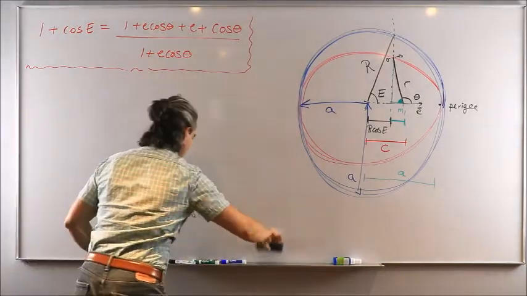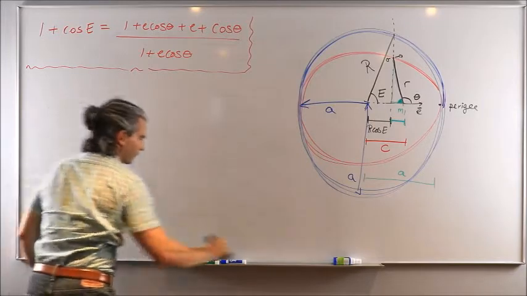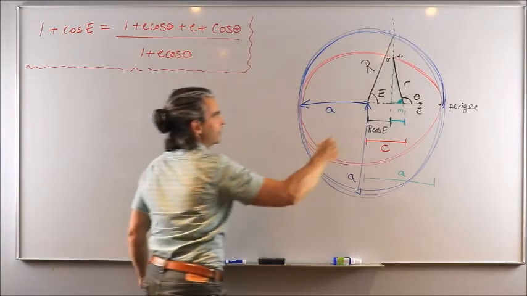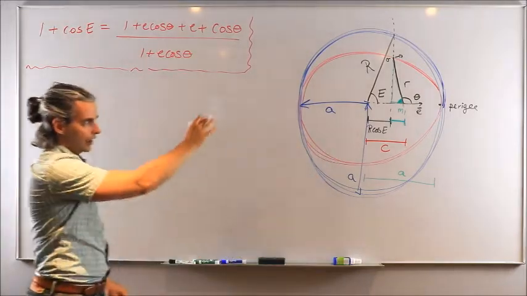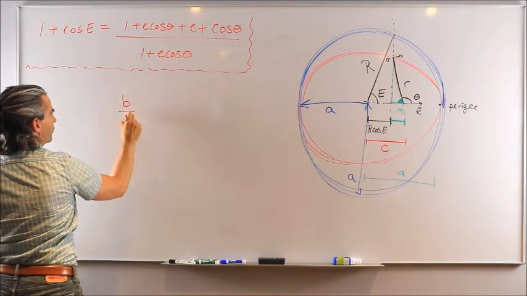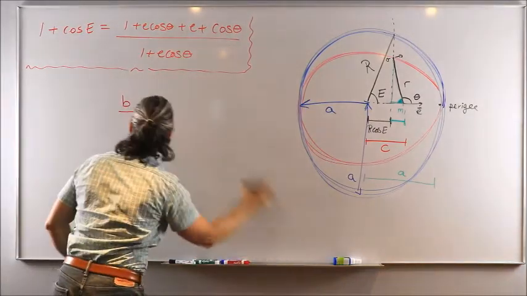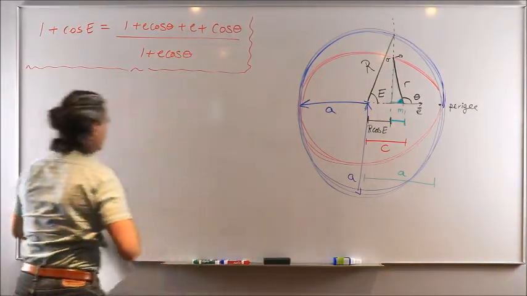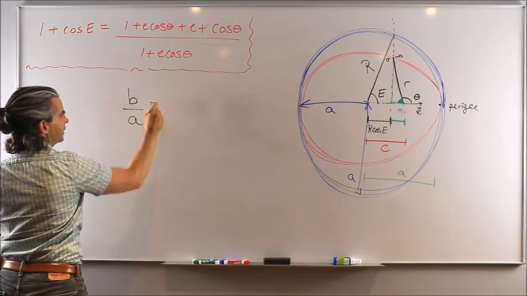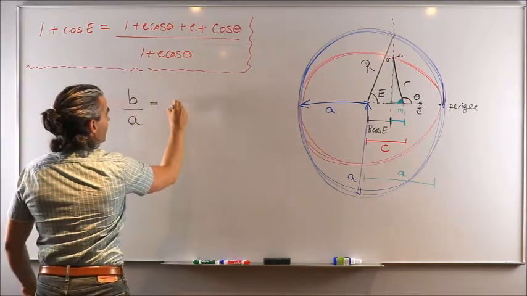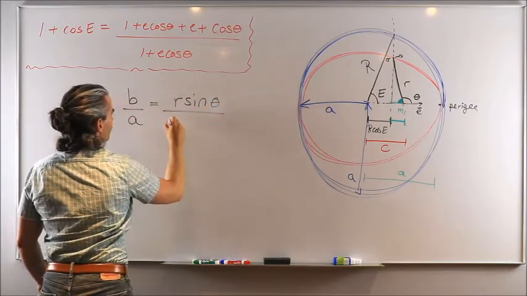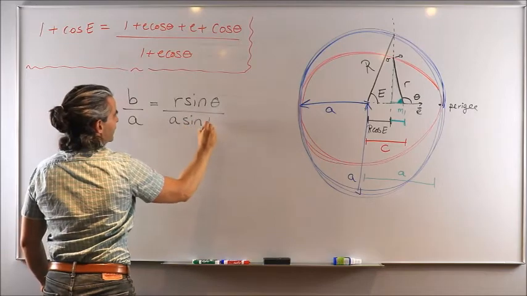So we can erase this. And now we can use a property of ellipses embedded into circles to say that the ratio of semi-minor axis, which is B, over semi-major axis A is equal to small r sine true anomaly over A sine eccentric anomaly.